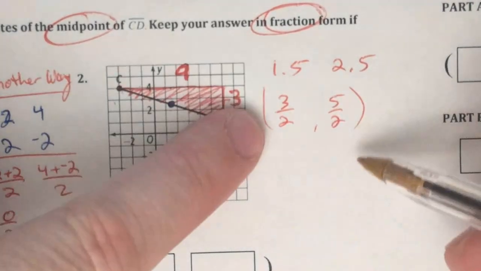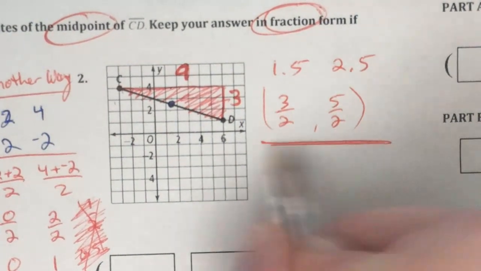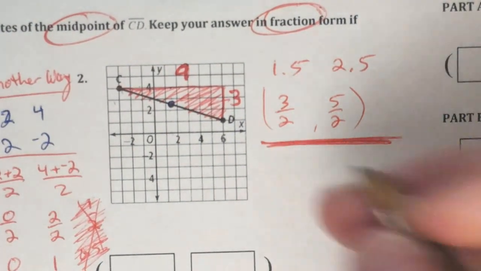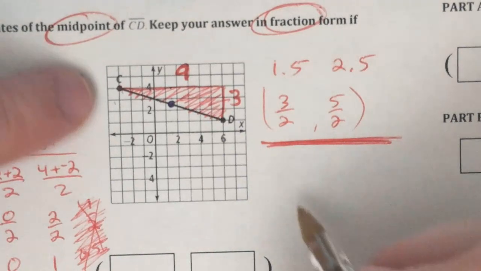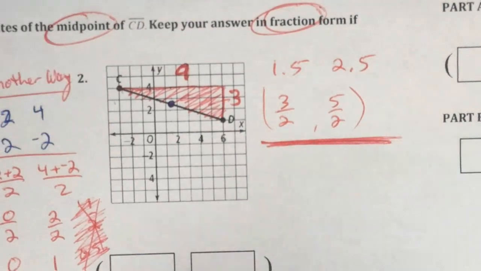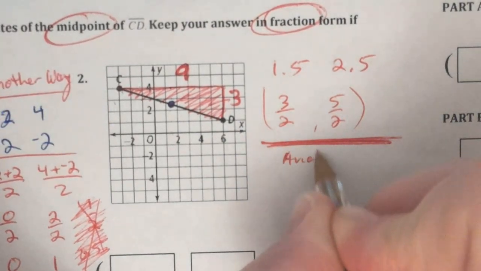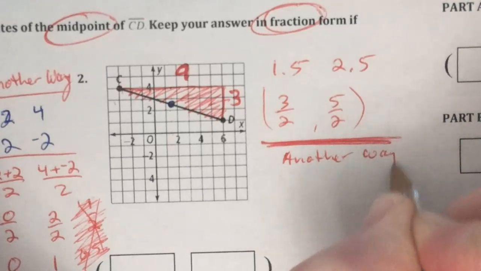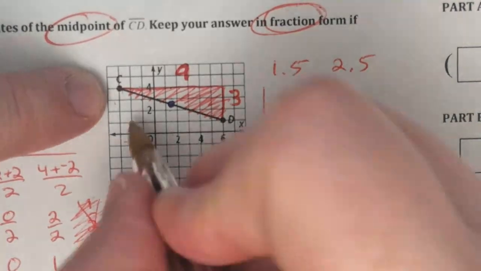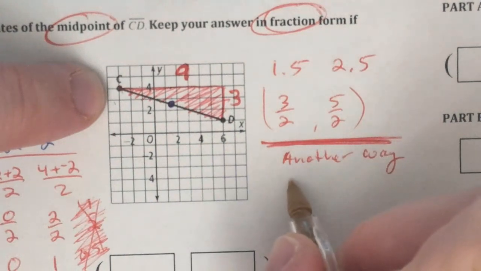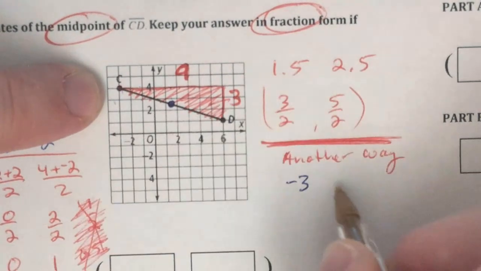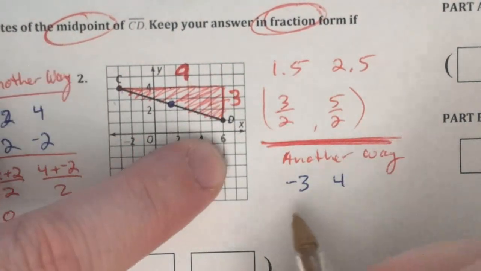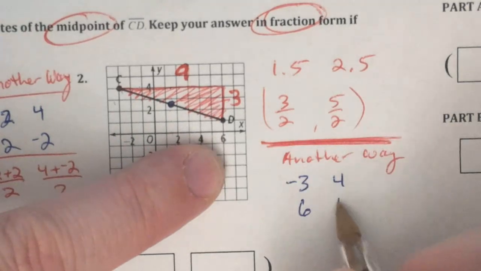Now, if you didn't know how I got from here to here, that's fine. Then maybe for you, a safer way would be to do it mathematically. So another way we can do this, we have -3, 4, and we have 6, 1.